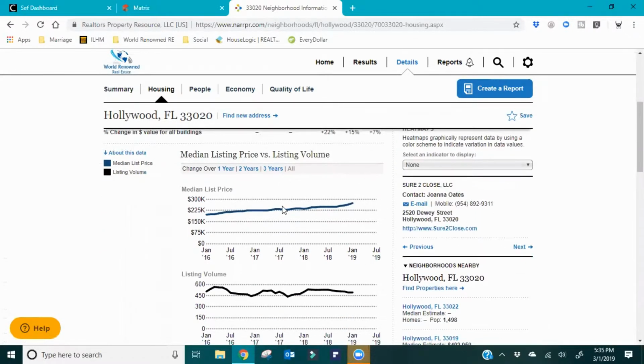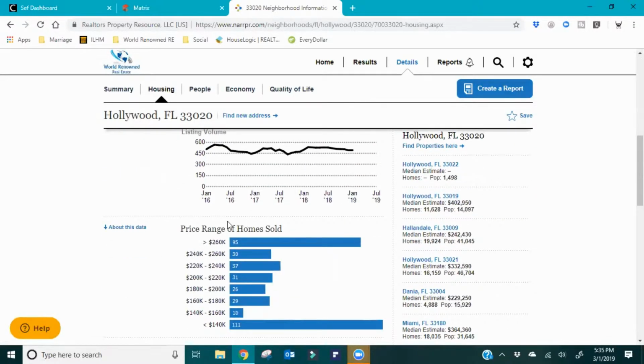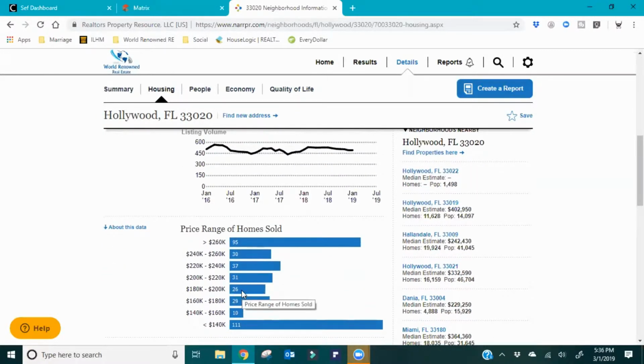So when we come into housing, it tells us median list price versus listing volume, all of the ranges of homes sold. This really helps me lock in what price point, and these are done monthly, I'm going to position the potential listing that I have.